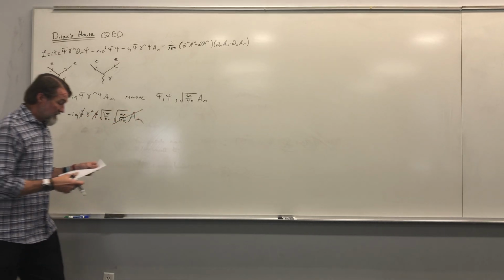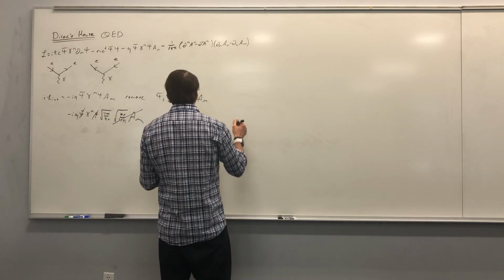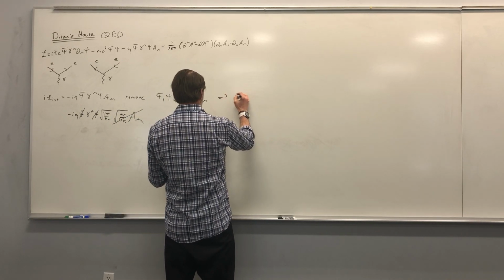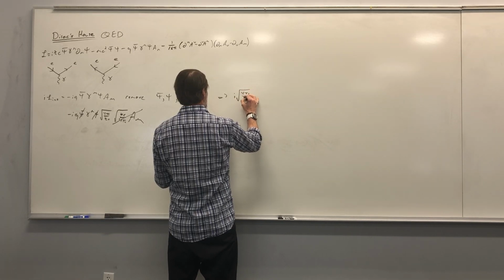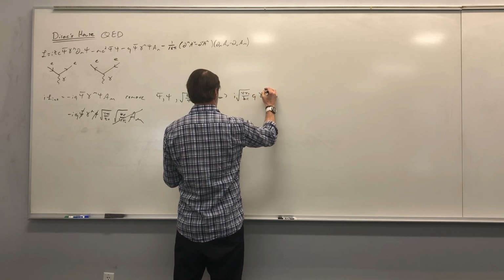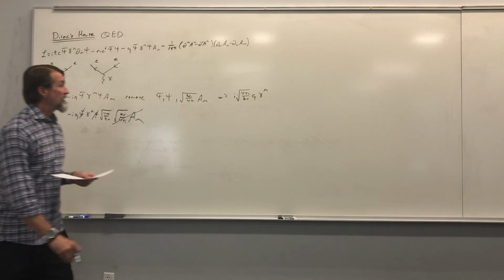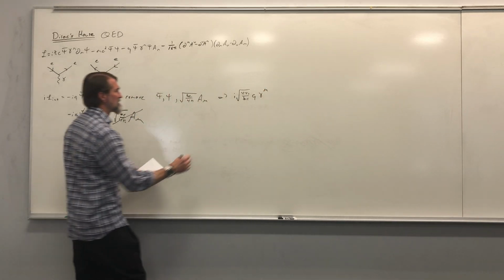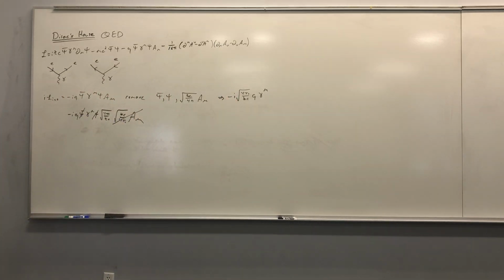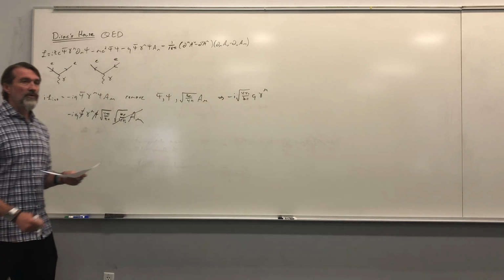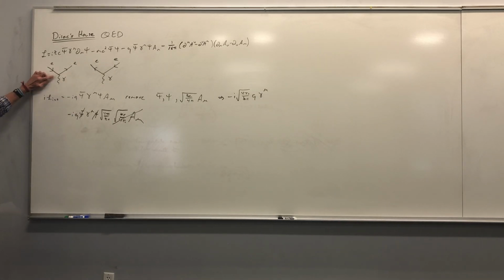So at the end of the day, we're going to find minus i square root 4 pi over h bar c q gamma mu. This is the vertex factor that we'll use in QED, and this is the only vertex in QED, so don't worry about it. Well, I will say one thing.